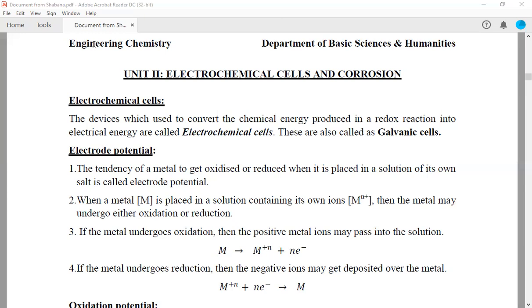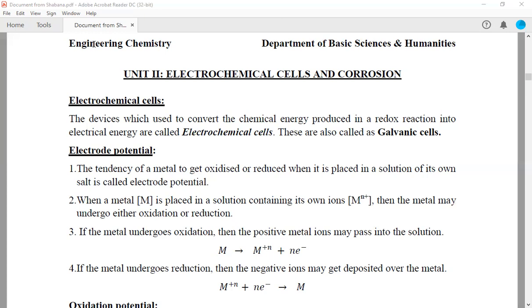Coming to the terms we will use during the process of the electrochemical cell: electrode potential. What is electrode potential? Whatever electrodes we are using in the electrochemical cell, we have to identify their potential.